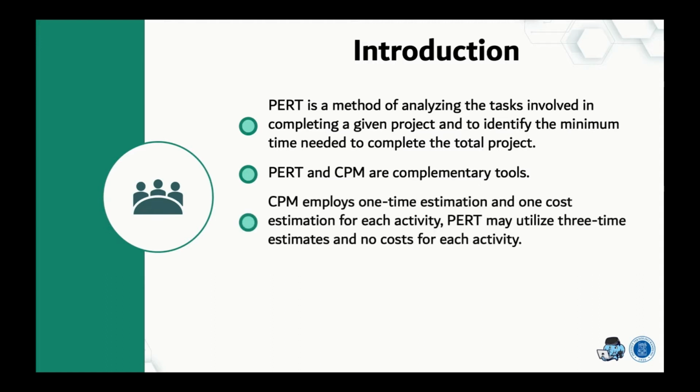The difference between those two is that CPM only employs one time estimation and one cost estimation for each activity. Here, PERT utilizes three time estimations and tries to find the minimum time.